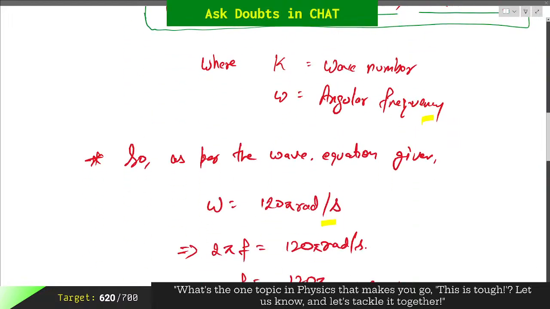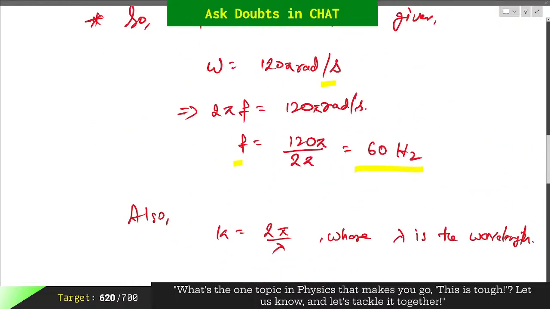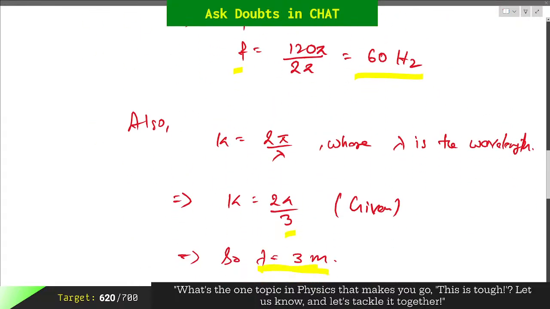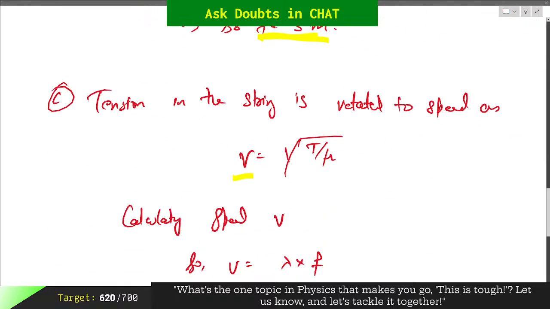As per the given wave equation, ω is 120π radian per second and frequency is 60 hertz. Also k is 2π/3, that is given. So λ would be equal to 3 meter. That is the wavelength.